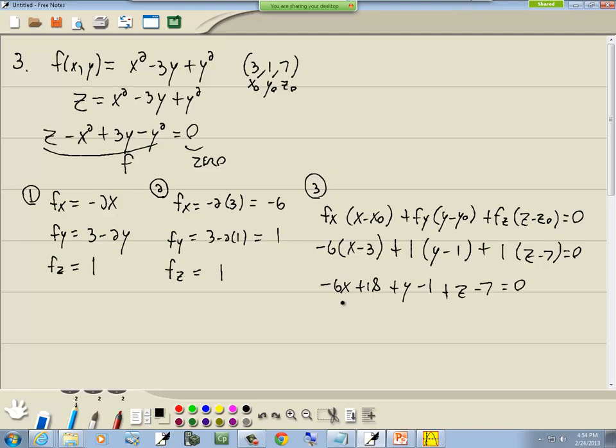So I'm going to have negative 6x plus y plus z. 18 minus 1 is 17, minus 7 is 10. So that'd be our equation of the tangent plane. Assuming I multiplied everything correctly. Looks correct. All the numbers and everything.